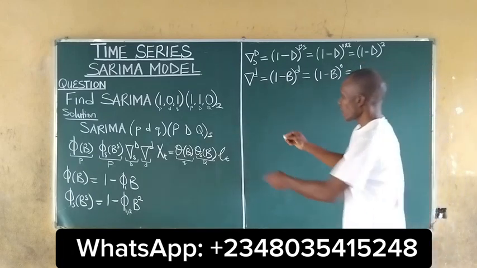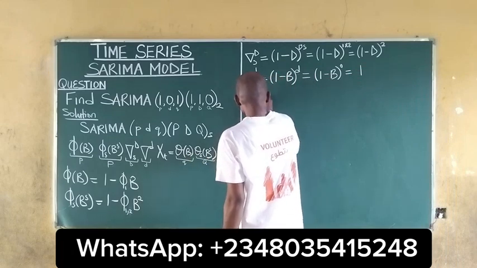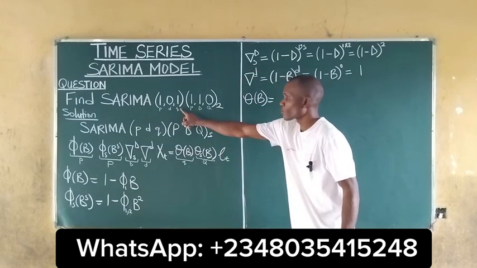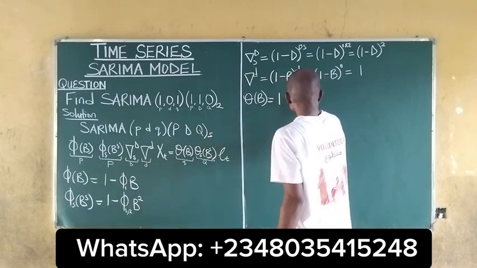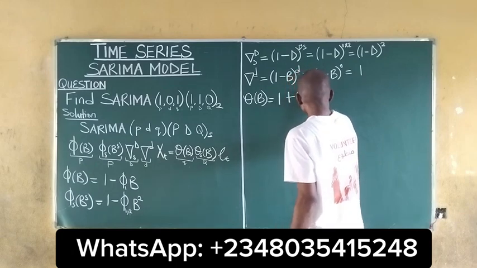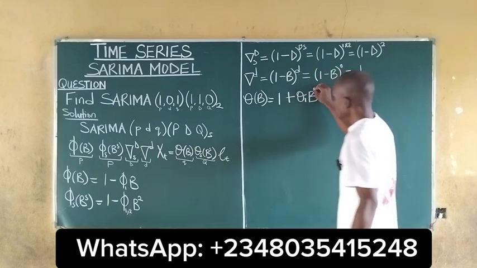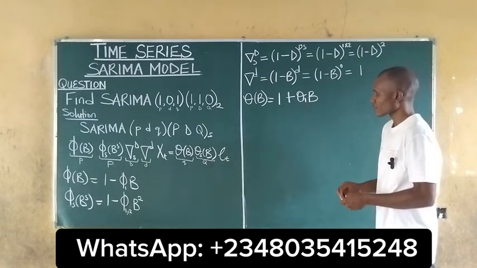Also, for the moving average, we have theta(B), which is small q. Small q is 1. So we write 1 plus theta 1 B, and we leave it like that because it's just 1.